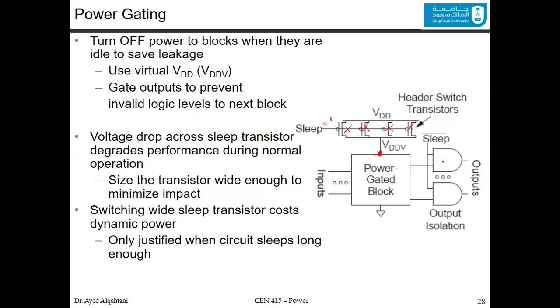Not only this, we prevent the output of the block from being generated to the outer output. If your sleep is equal to 1, meaning that the sleep bar is equal to 0, you are zeroing out all the outputs. So by plugging these two plugs, if you don't care about this block and don't want it to work, you block it from the output, and you also don't give it any VDD. And this is what we mean by power gating.